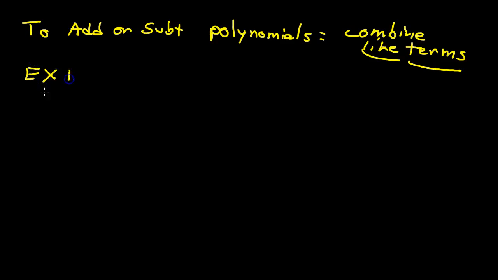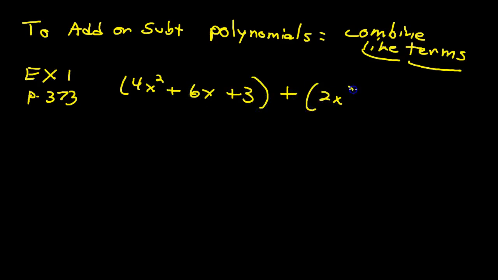I'm going to do example 1 from our text on the bottom of page 373. It tells us to add 4x squared plus 6x plus 3 plus 2x squared plus 5x minus 1. Here we are asked to add 2 trinomials.